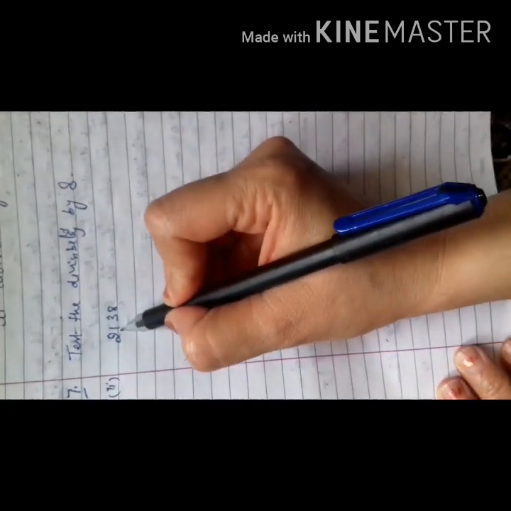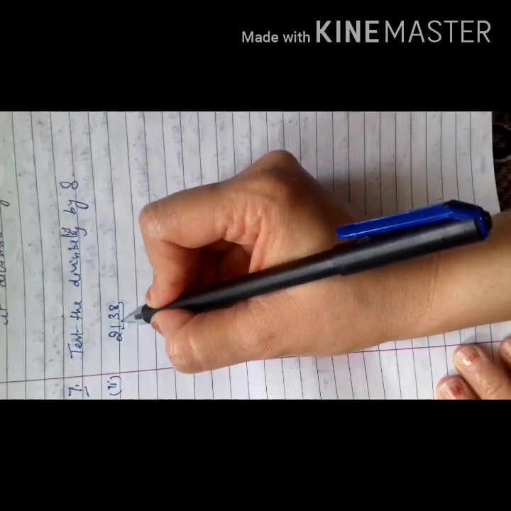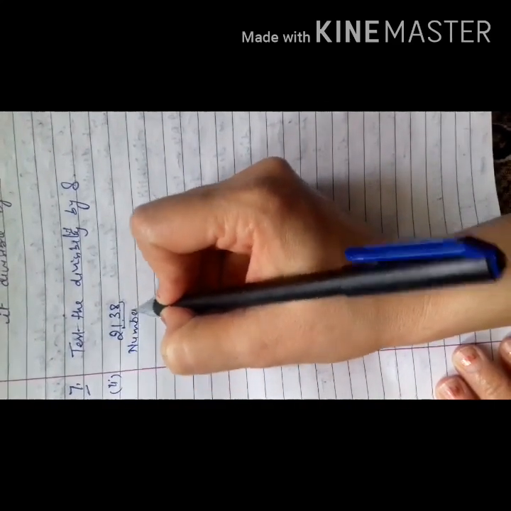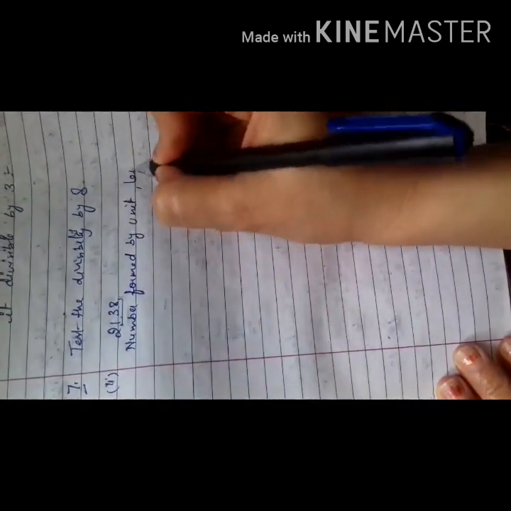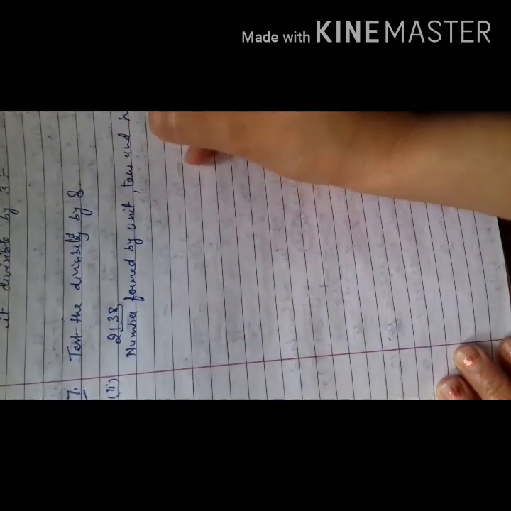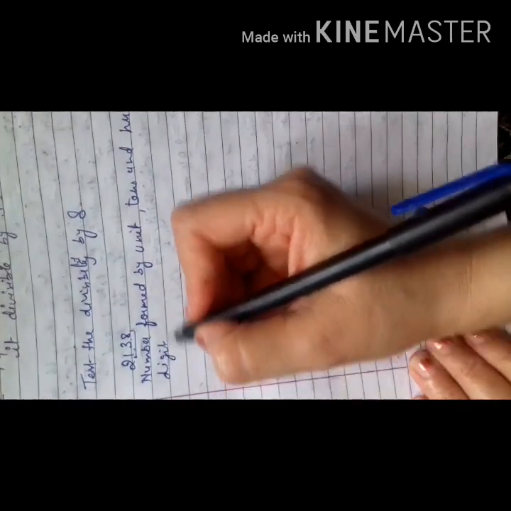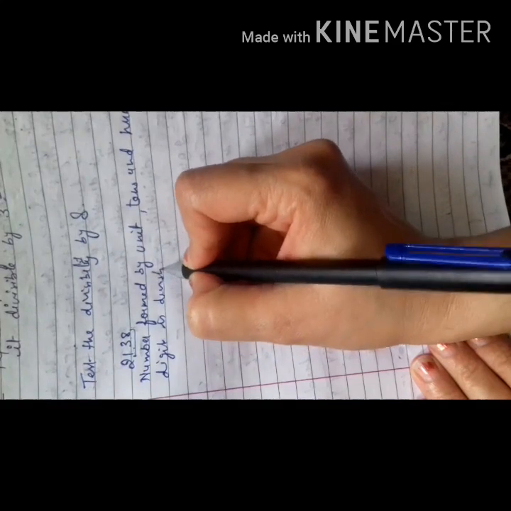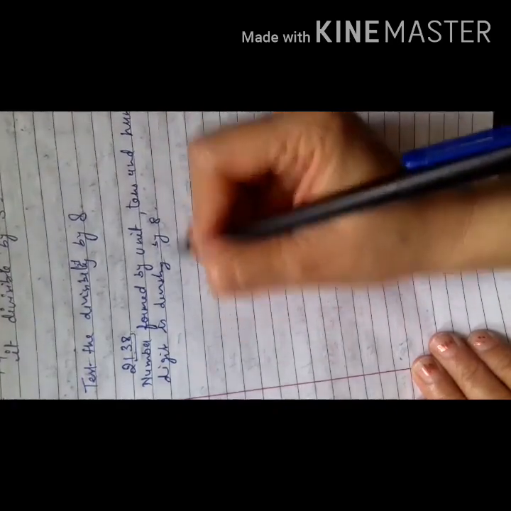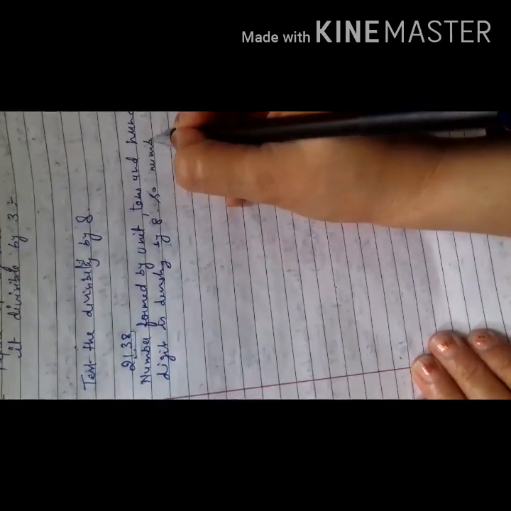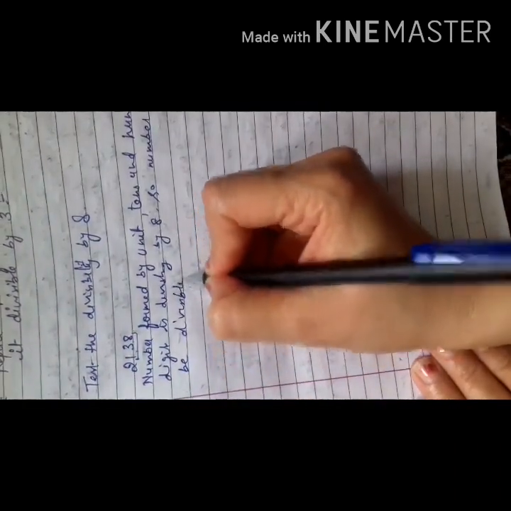In 8 we have to check the last 3 digits, meaning unit digit, tens digit and hundreds digit. The number formed by the unit, tens and hundreds digits, if it is divisible by 8, then the number will be divisible by 8.